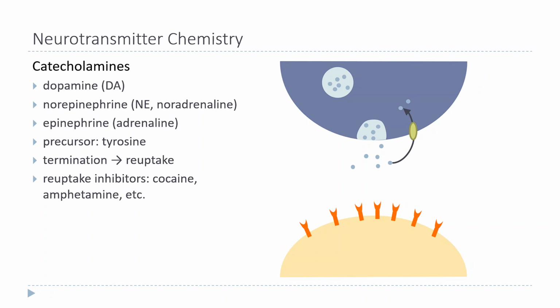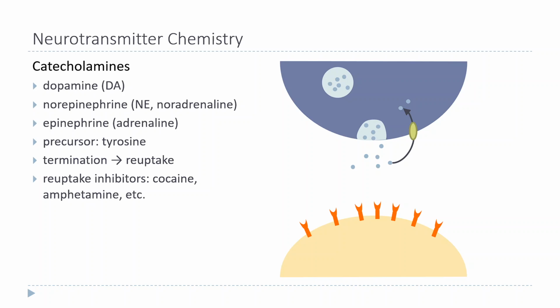Now, all the catecholamines, again, like most other neurotransmitters, are removed from the synapse by reuptake. So that means there's a specific transporter protein that removes these molecules from the synaptic cleft and puts them back into the presynaptic terminal. And again, this reuptake step is an important thing to understand, because this is an important place where you can manipulate these neurotransmitter systems.